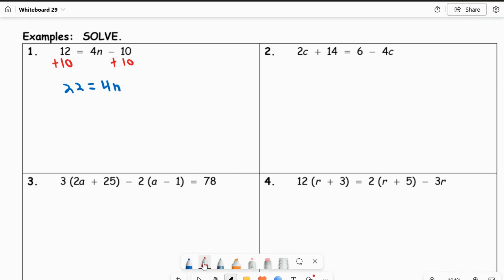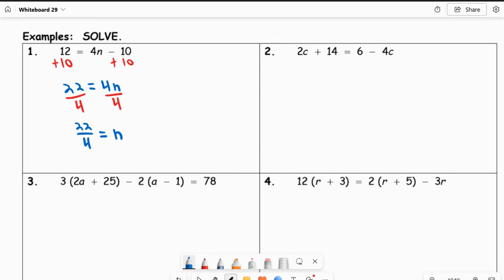Now, to get n all by itself, we need to get rid of our coefficient here. In order to get rid of a coefficient, let's divide. So divide by 4, divide by 4. And this will give us 22 over 4 equals n. We can simplify this fraction.